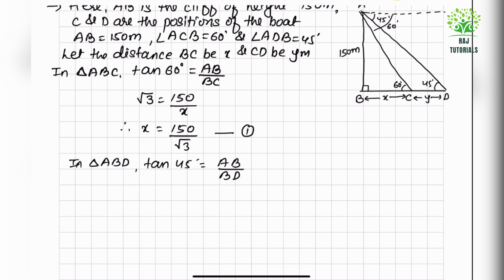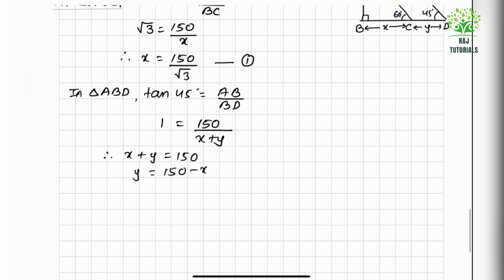In triangle ABD, tan 45 degree will be AB upon BD. So 1 equal to 150 upon X plus Y. So therefore I can say X plus Y equal to 150.